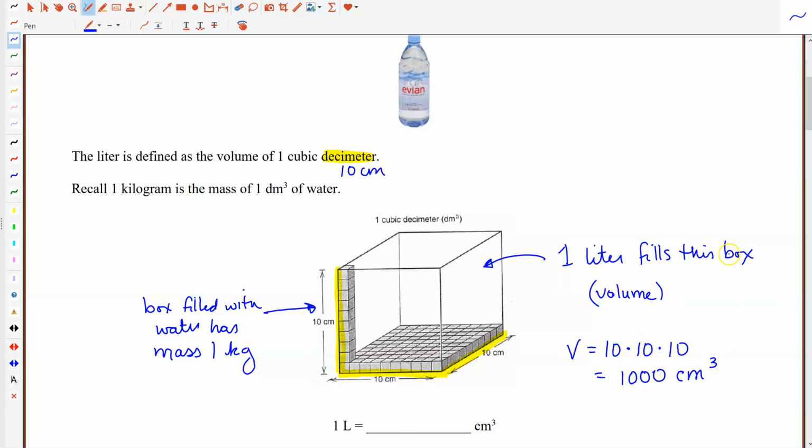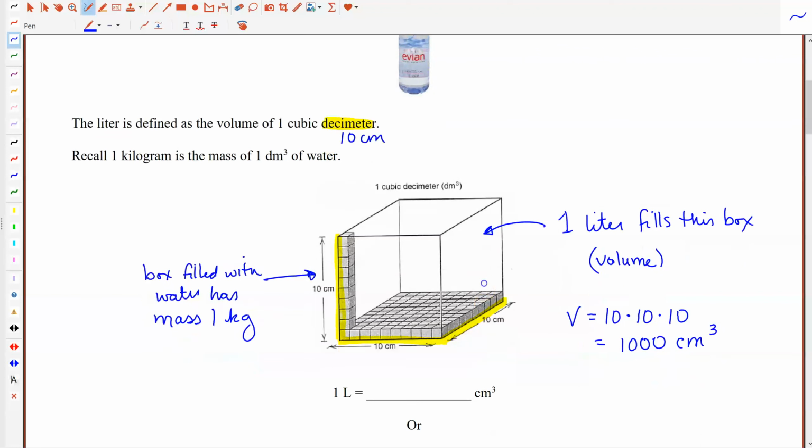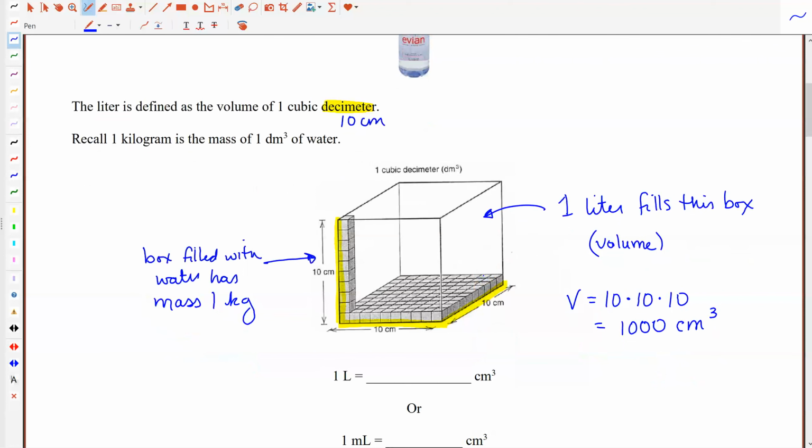So if 1 liter fills this box, measuring the volume with the liquid, but if I fill this box with little tiny cubes, specifically little centimeter cubes, it would take 1,000 cubic centimeters to fill this box, we've just found the relationship that 1 liter is equivalent to 1,000 cubic centimeters.